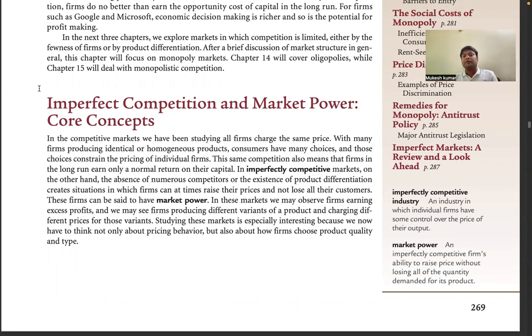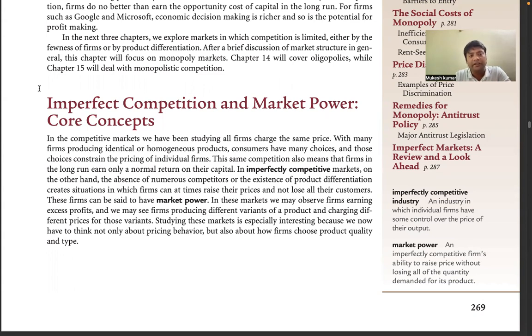Take the example of the soft drink industry, Coke and Pepsi. Coke and Pepsi are substitutes to each other, but at the same time, there is product differentiation. Some consumers may choose Coke, some may choose Pepsi, but at the same time, there is competition.